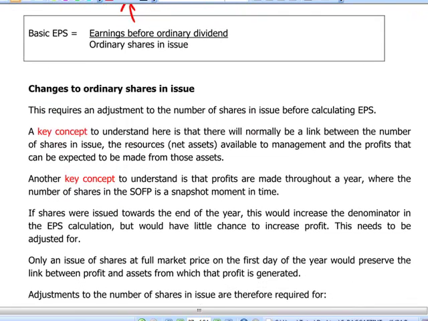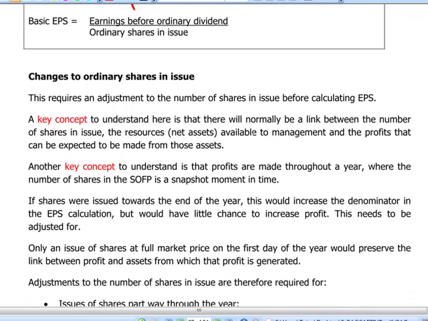Now, for the exam, in order to properly calculate basic EPS, we have to remember two things. The number of shares in issue in your real life exam scenario will change from what it was at the beginning until what it is at the year end.